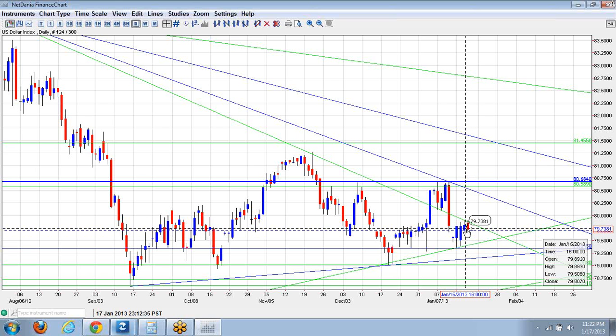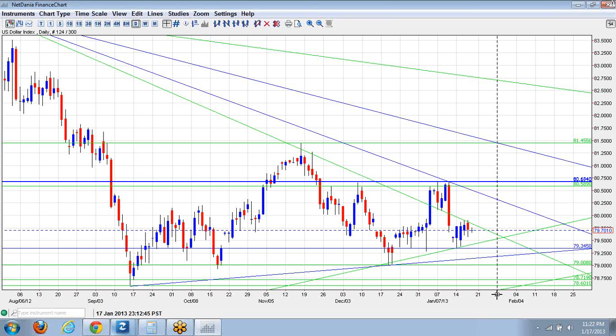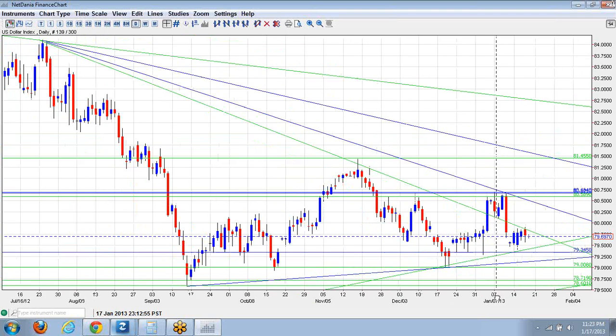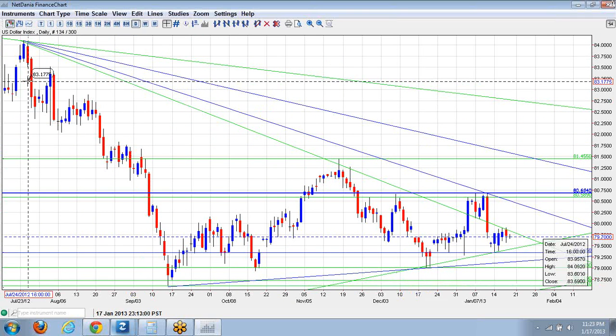Correct. Okay, so on the daily chart, if you expand it a little bit more, what's the actual trend that you can see? Now, what I can see is that it's a downtrend. Is that what you can see as well? On this view, I guess we're looking at about 6 months worth of data.